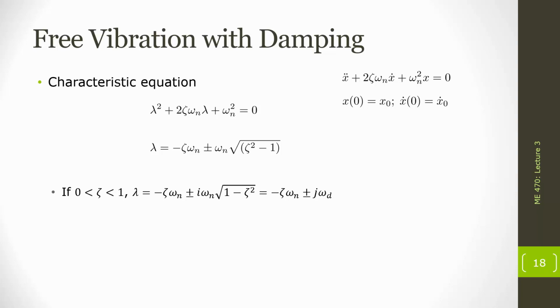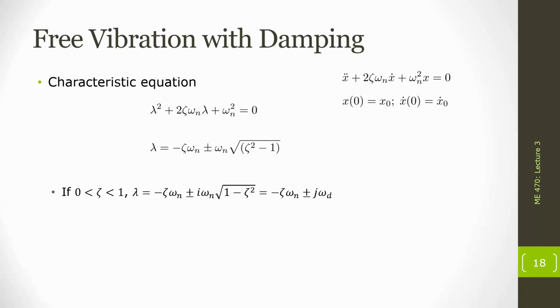When zeta is between 0 and 1, the roots of the characteristic equation are complex with a non-zero real part and a non-zero imaginary part, and we have an underdamped system. Our x of t solution is going to have a certain look about it, and we'll get to what the solutions look like for all of these types of systems on the next slides.